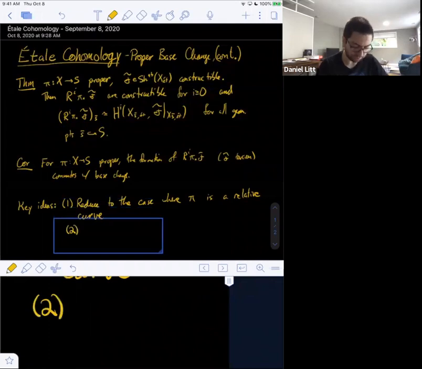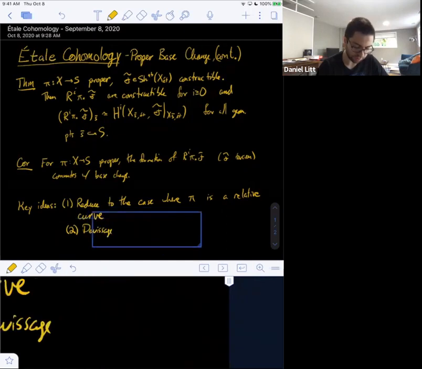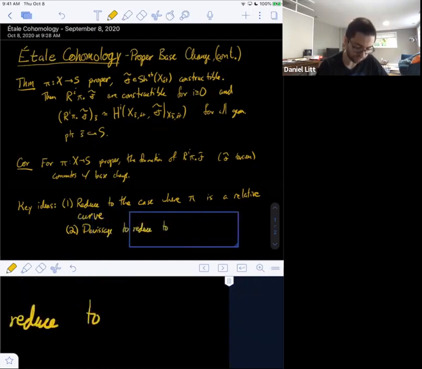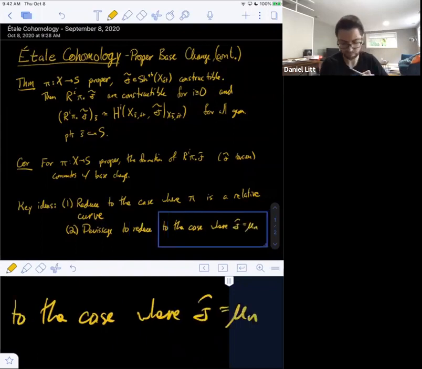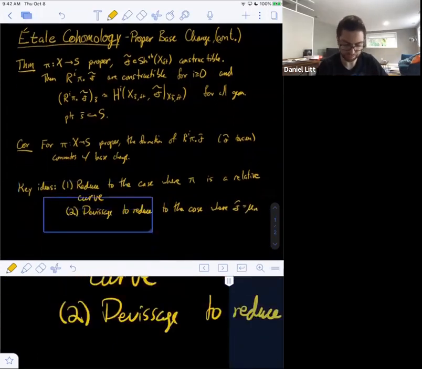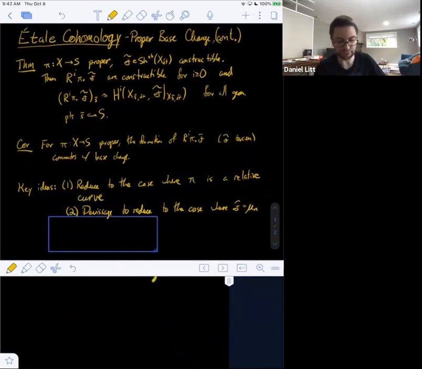All right. Step 2 is to use dévissage to reduce to the case where F is μ_n, the locally constant sheaf μ_n.